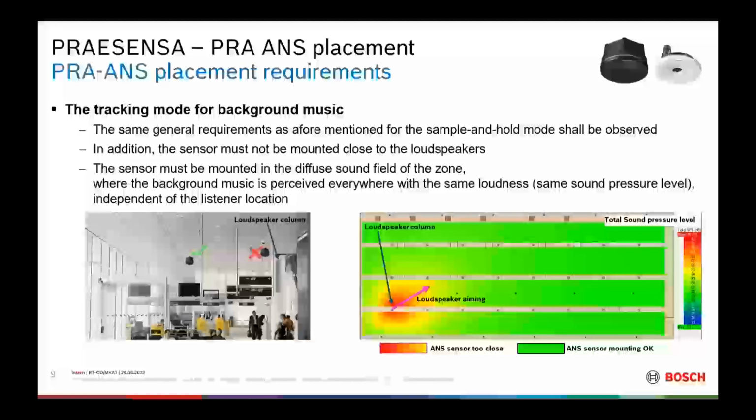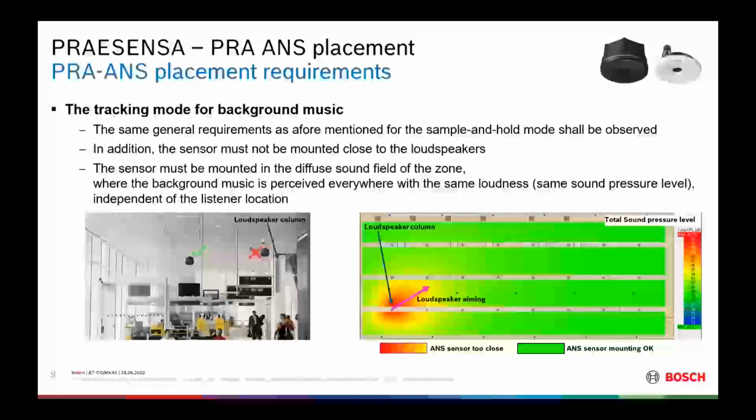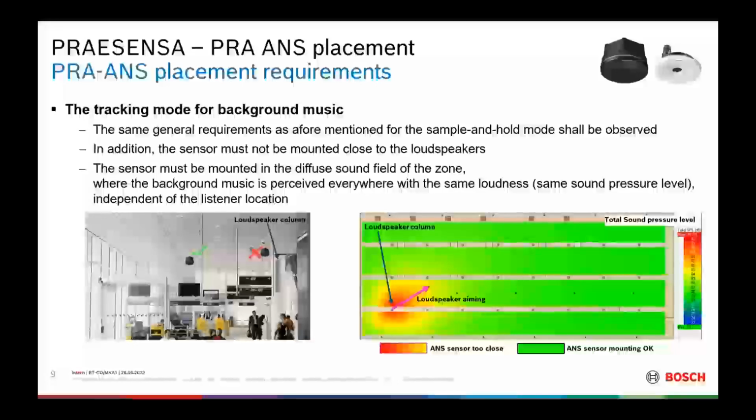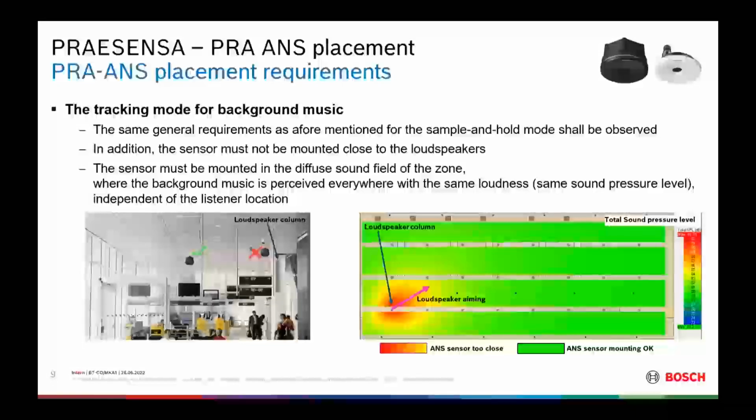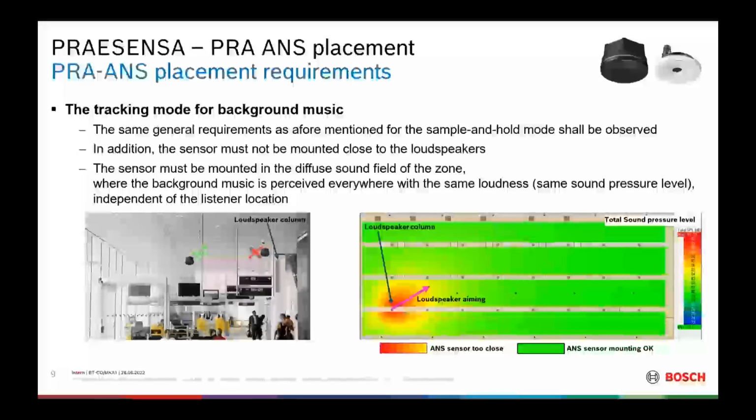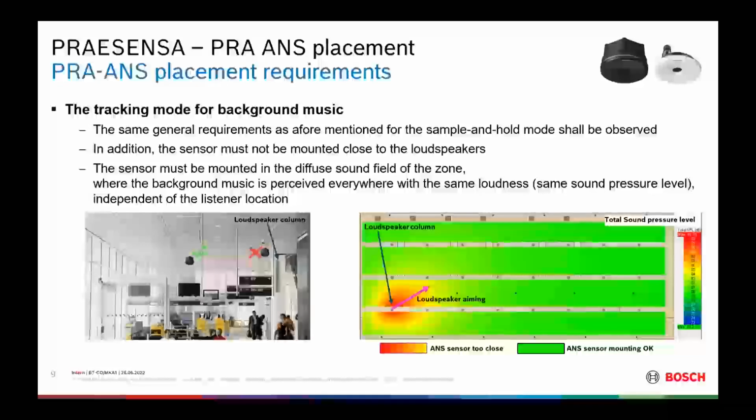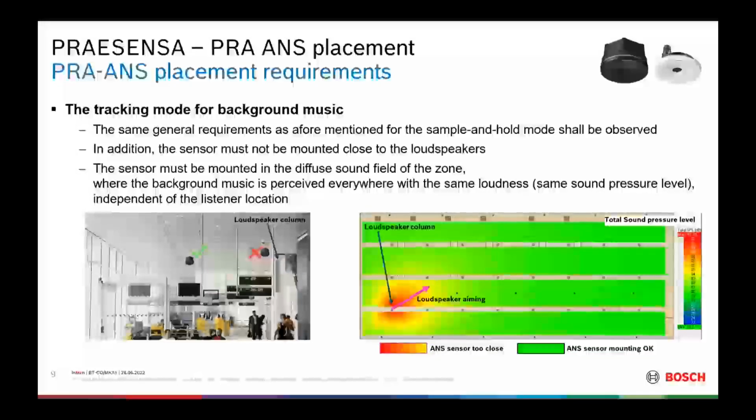This is in particular important when we want to use the tracking mode, because also here, as we said, you do not want the noise sensor and the resulting level of your signal to be influenced by the loudspeakers broadcasting the background music signal. So also here, the sensor should be in the so-called diffuse sound field.